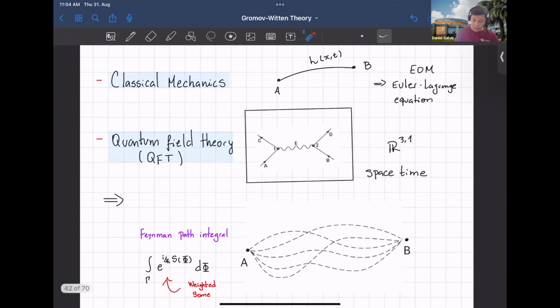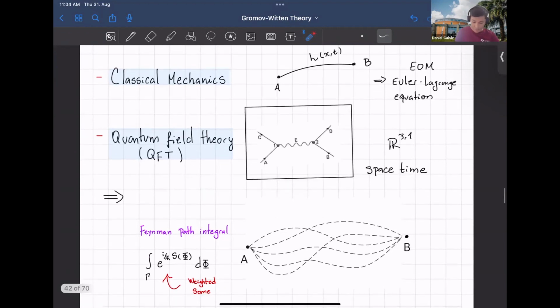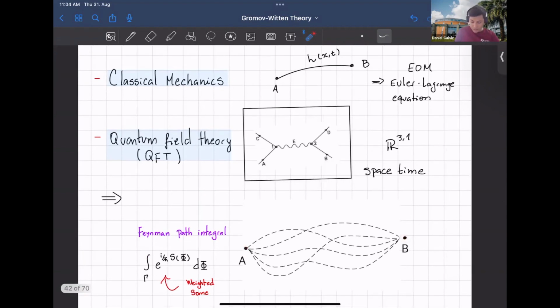The basic idea of the Feynman path integral is that if you have a particle going from A to B, you will have several paths, and all these paths will be weighted by some probability, which is given by the action. The action is in terms of the Lagrangian, but maybe we will discuss this better in the path integral formulation section.